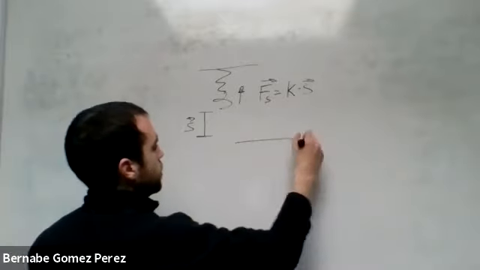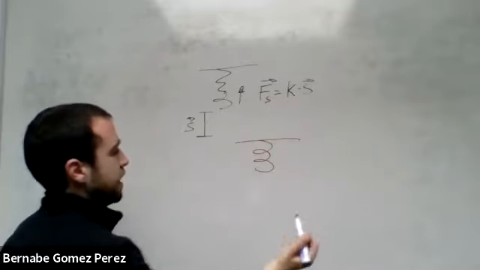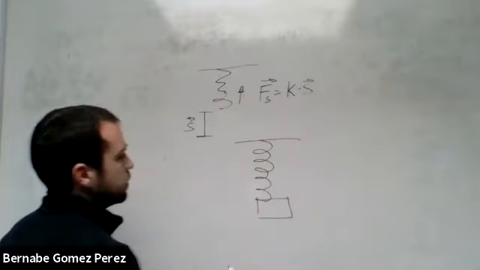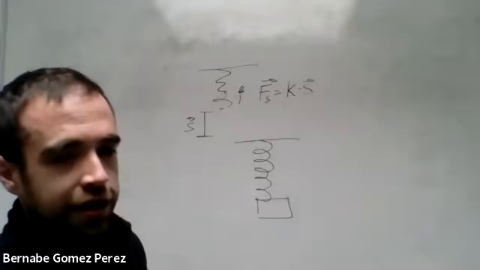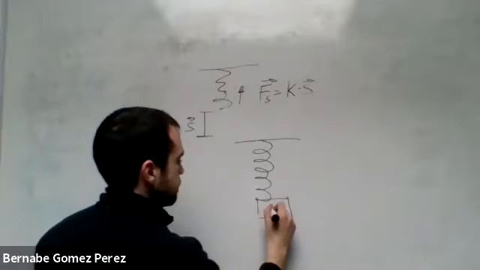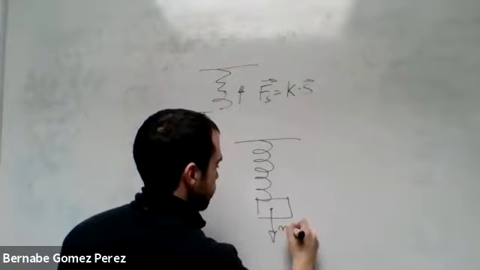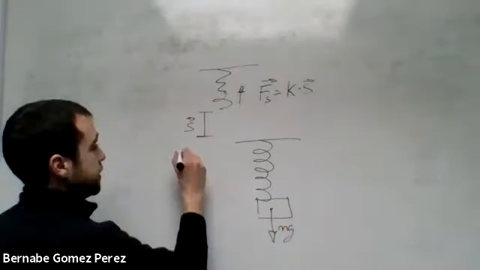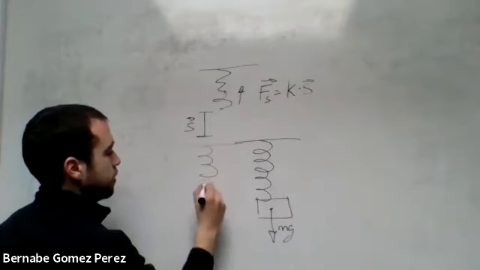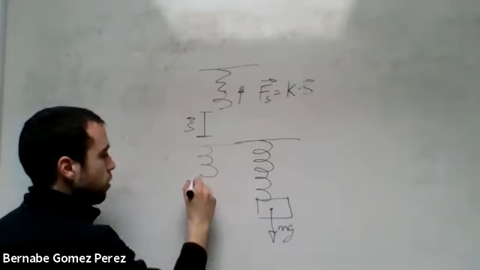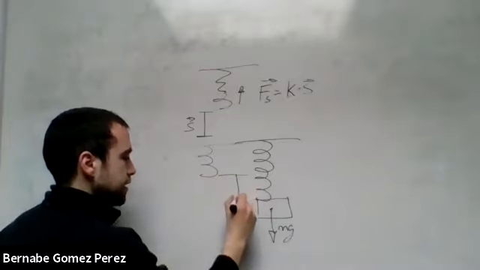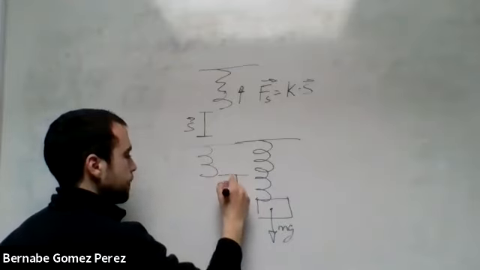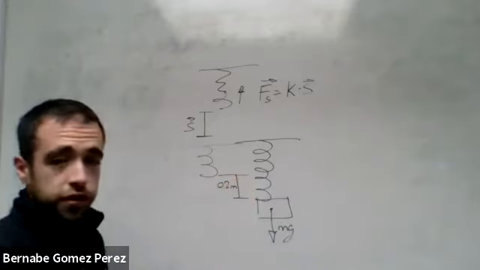So how do we use this? Well, let's say I have a spring and I put a mass at the end of the spring. So this mass is extending the spring. Mg is the force that the mass is exerting on the spring, and this is the spring in equilibrium. So the spring is extended, let's say, 20 centimeters, 0.2 meters.